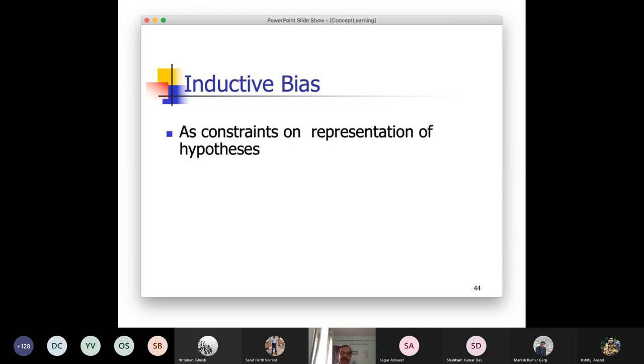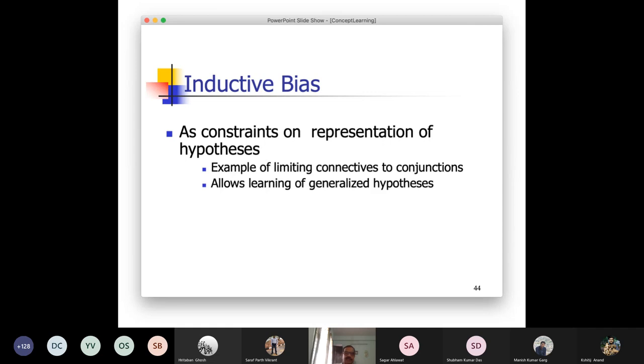So you should have certain constraints on this, and those are called inductive bias, because it is by observations, or from some other experiences, that you are putting these constraints. So you are putting certain limits. You are limiting your connectives to conjunctions. In this case, it has more power in generalizing the rules, generalizing the model. So that is the advantage you have.